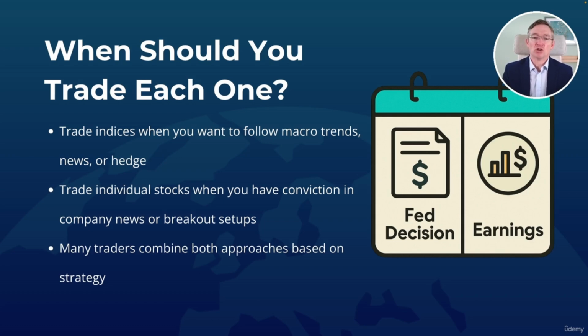Now, you trade individual stocks when you've got conviction about a company's earnings or catalyst. That would be a good opportunity to trade an individual stock. You've studied a particular company and you think their upside has been underpriced by the market. Or you could trade a technical breakout, or there's a high conviction pattern.